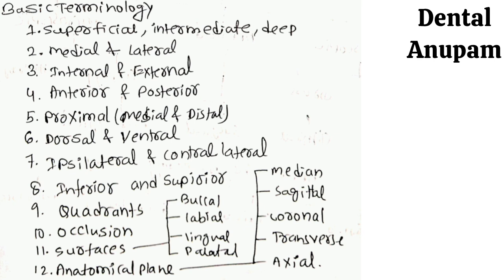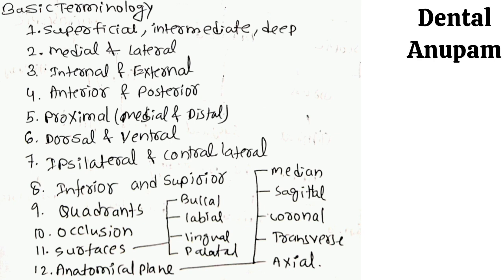Fourth, anterior and posterior. Anterior means towards the front of the mouth and posterior means towards the back of the mouth. Proximal is of two types, mesial and distal. The terms are commonly used in relation to dentition.